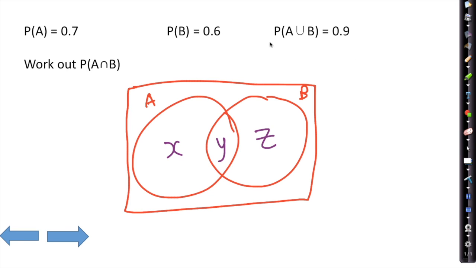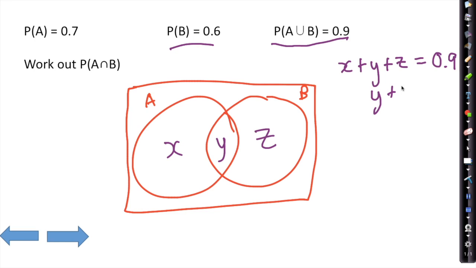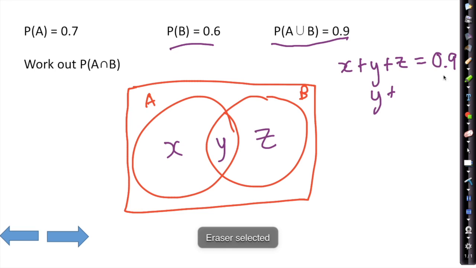Let's work backwards just to keep it interesting. The probability of A union B is going to be X plus Y plus Z equals 0.9. We know from the probability of B, which will be Y plus Z, that Y plus Z is 0.6.